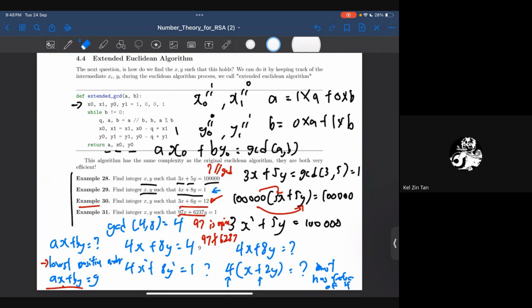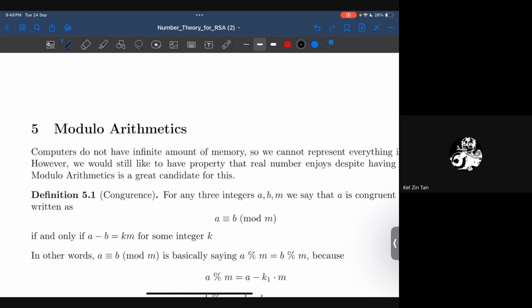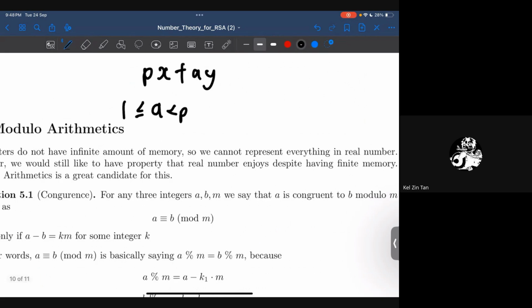Also, I want to talk about one very interesting thing before I move on to modular arithmetic. So if we have p, a prime number, p multiplied by x plus some a multiplied by y. If I have the condition that a is between 1 and p, strictly smaller than p, then we know that the GCD of a and p will always be 1 because p is a prime number.